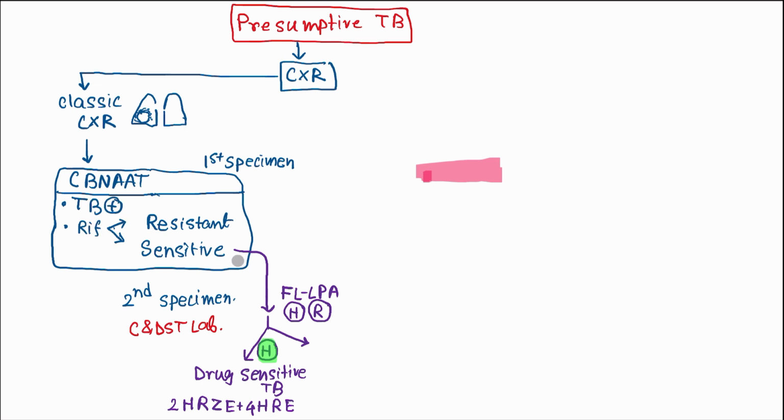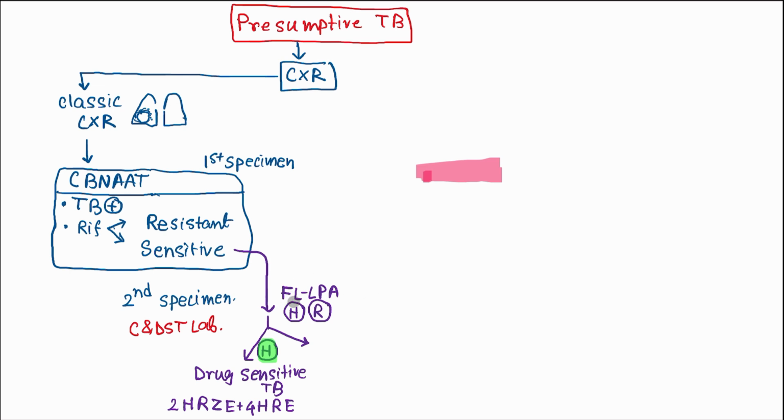In that case, the next investigation is this: whatever sputum we are sending, the first sputum is actually given for your CBNAAT. Okay, and the second sputum specimen we send to the C and DST lab. C means culture, DST means drug sensitivity laboratory, and in this lab there is a machine which does your FLLPA.